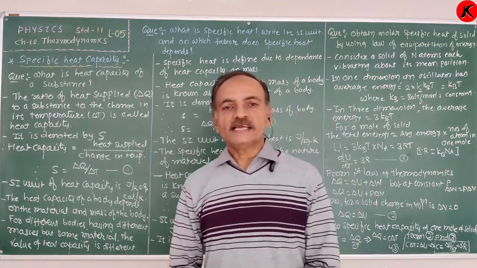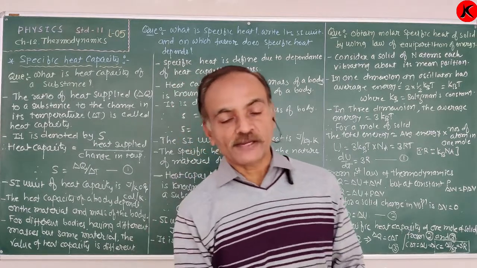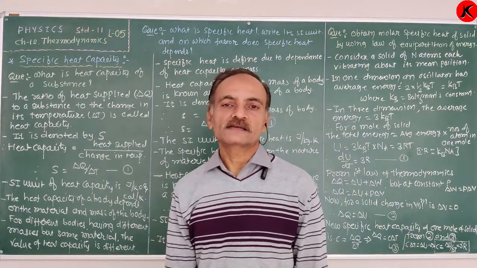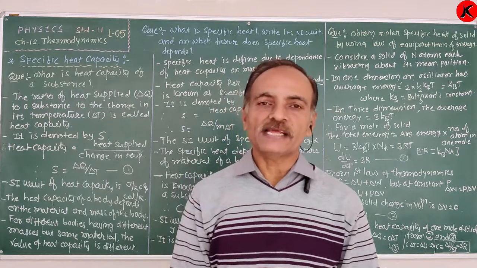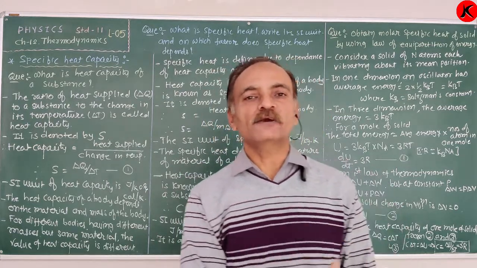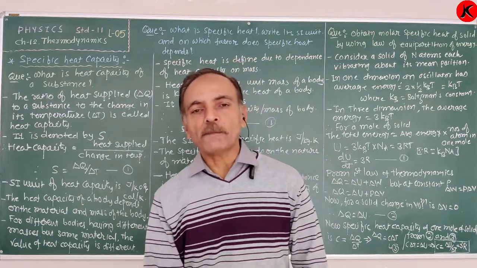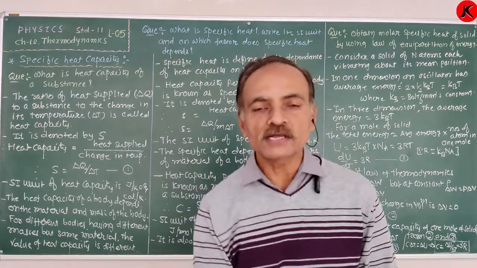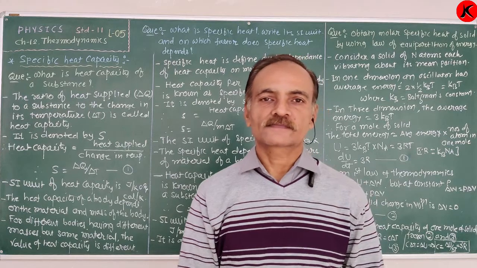Already we discussed that when an amount of heat is supplied to the body, some part of the heat supplied is used to change the internal energy of a system and the remaining part is used to do work on the system.